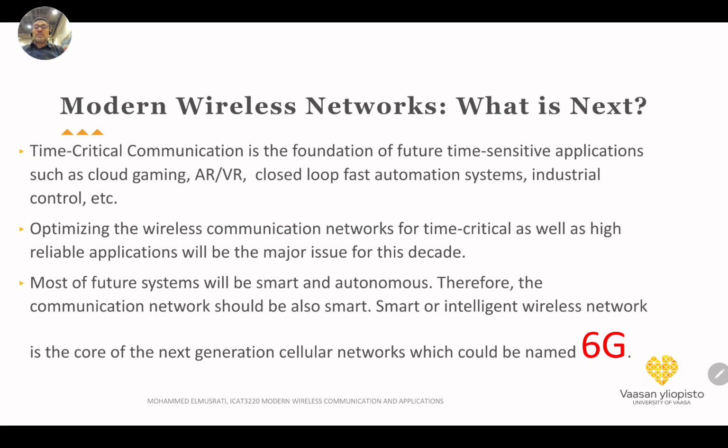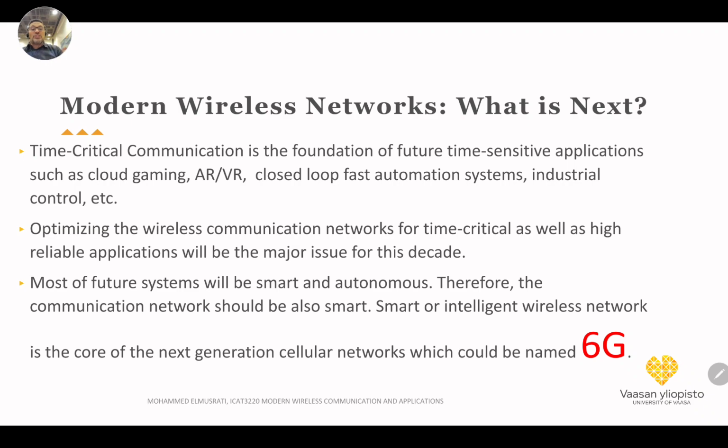Most future systems will be smart and autonomous. We will have smart home, smart city, smart safety, smart health. So everything will be smart around us. Therefore, we also need our communication network to be smart.